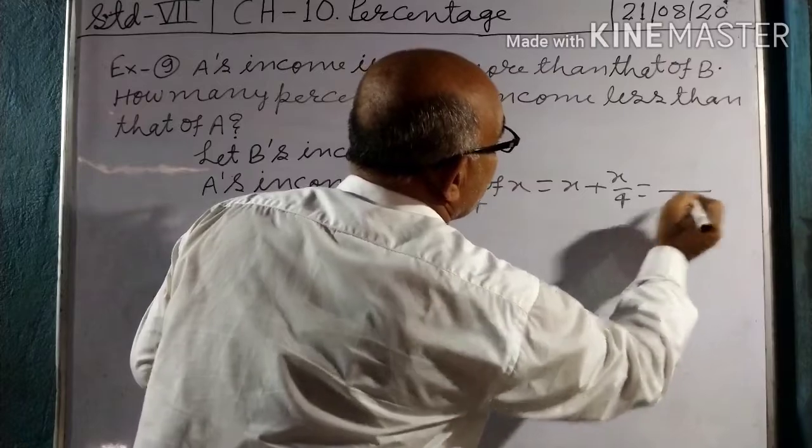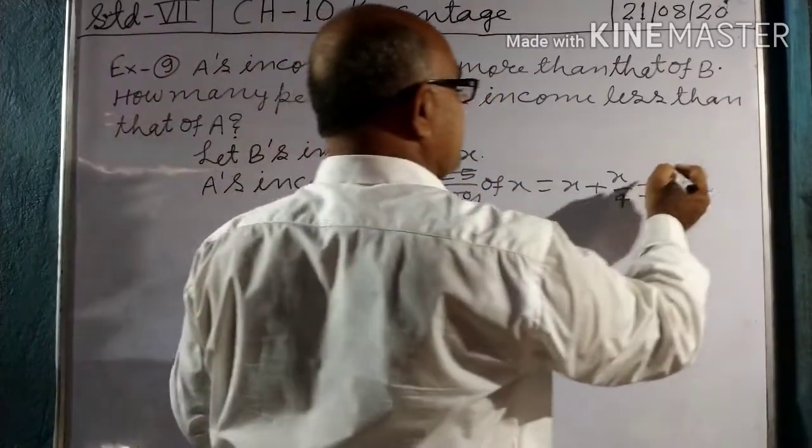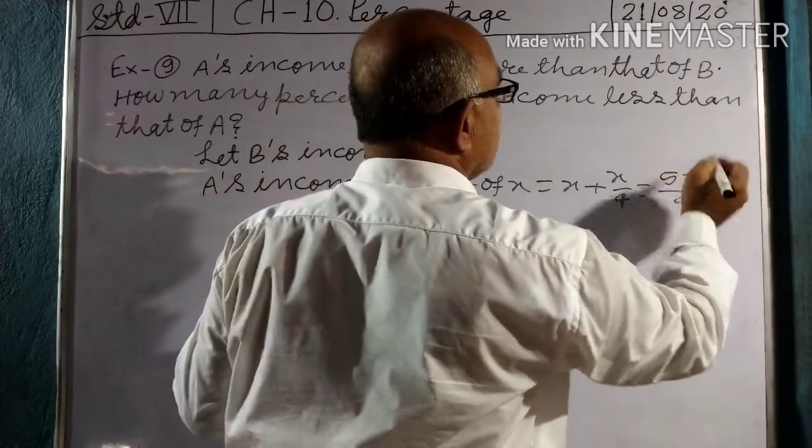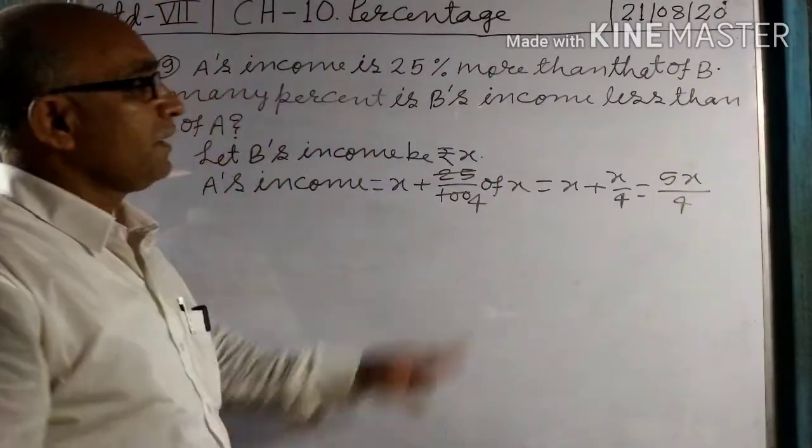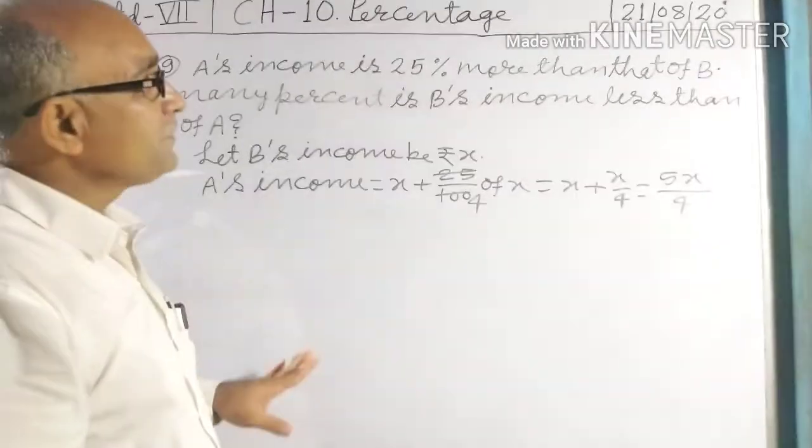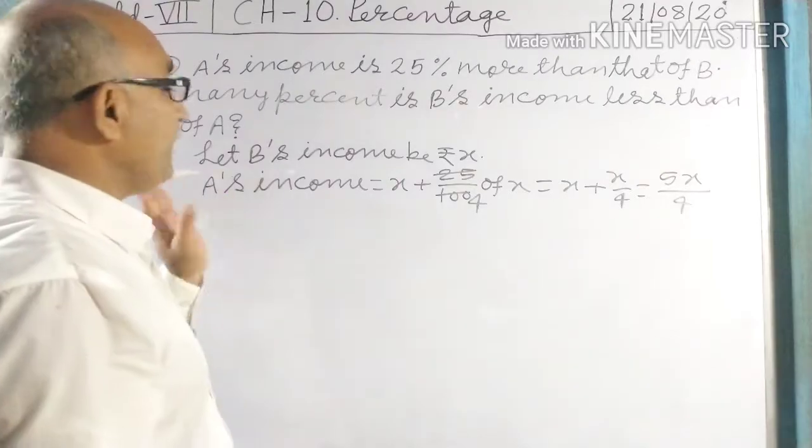Taking LCM 4, so 4x plus x, 5x by 4. 5x by 4 is the income of A.